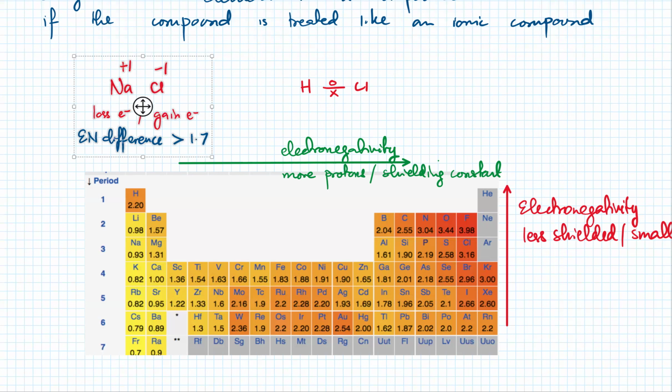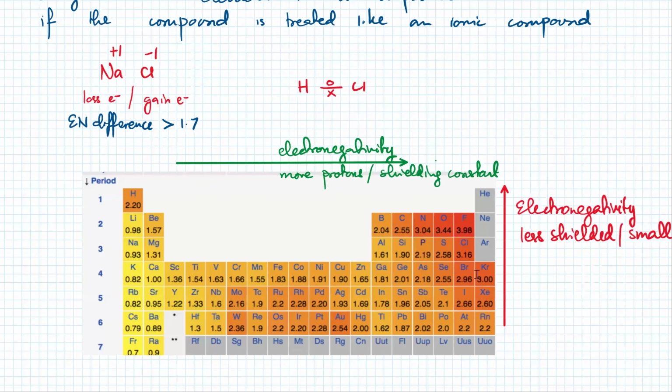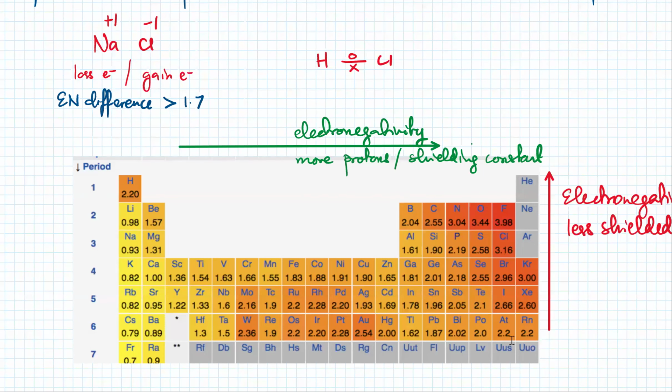Someone is going to lose electrons and someone is going to gain electrons if the electronegativity difference is high. If I pick potassium and bromine, bromine is 2.96, potassium is 0.82. The electronegativity difference between them is really, really large. If you take the difference, that is a lot greater than 1.7.